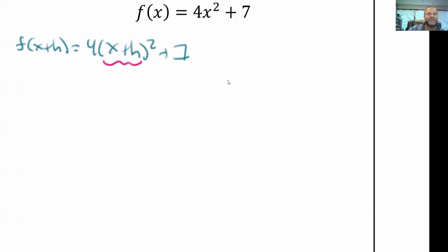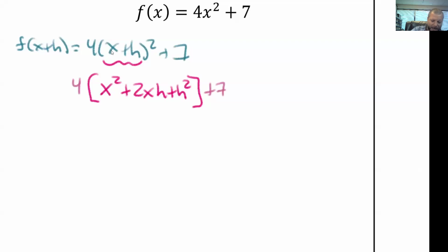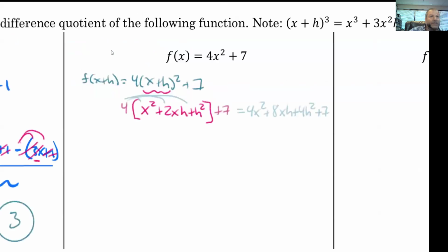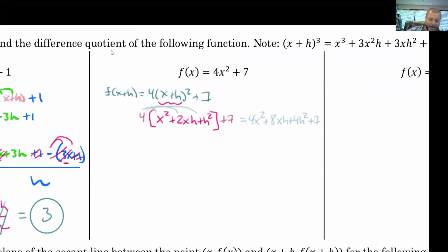I'm going to expand this out, and that's going to give me x squared plus 2xh plus h squared. Be careful about just doing x squared plus h squared. I still have that 4 in front, and I still have the 7 in the back. I can distribute this 4 to everything to get 4x squared plus 8xh plus 4h squared, and I still have that plus 7.